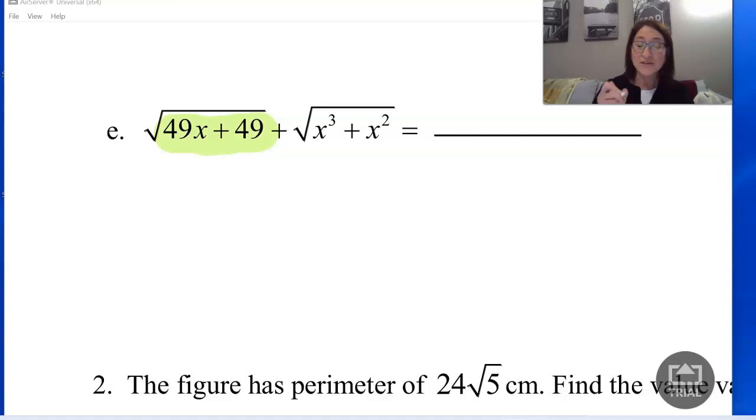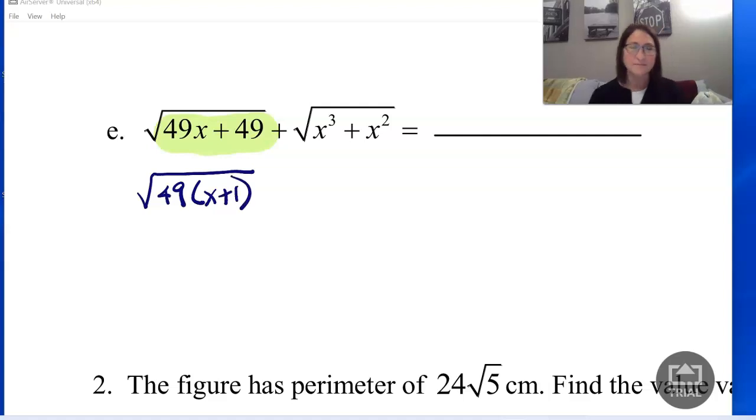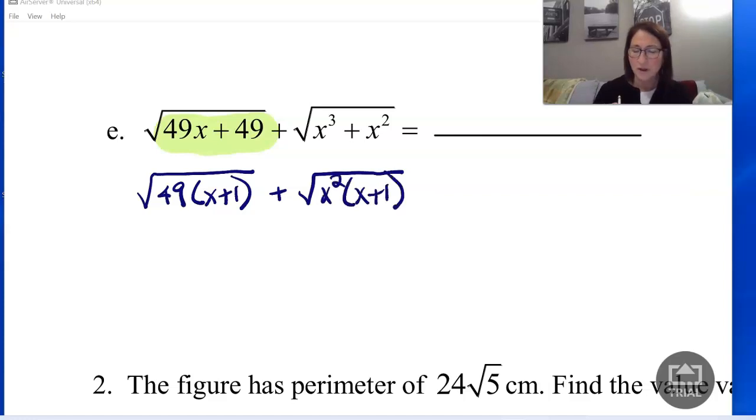So what we can do here is factor. If you factor out a 49, then you're left with x plus 1. And out of the second radical, if we factor out an x squared, you're left with x plus 1.